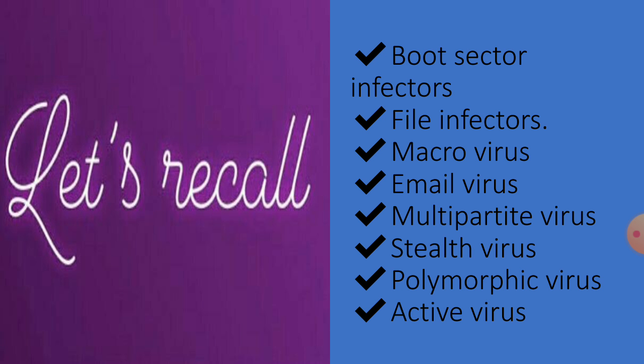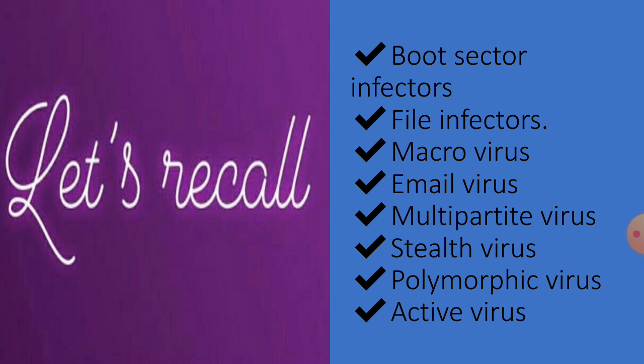This virus commonly spreads through network and internet. File infector viruses are spread through internet and networks. Next is macro virus. Macro virus will affect MS Word and MS Excel, infecting the documents and spreadsheets. This is about macro virus.